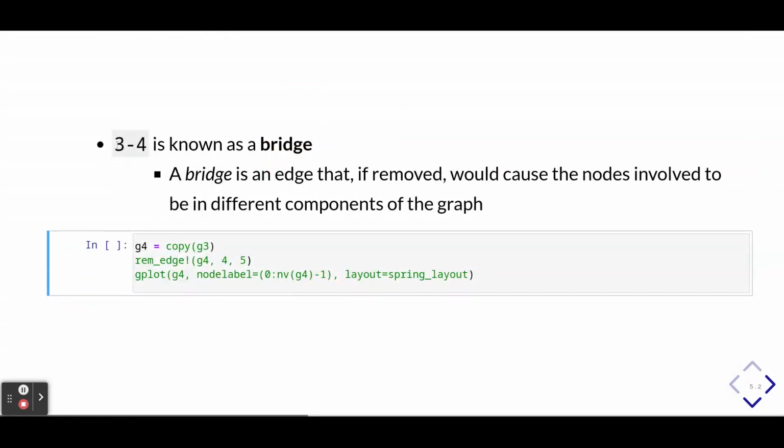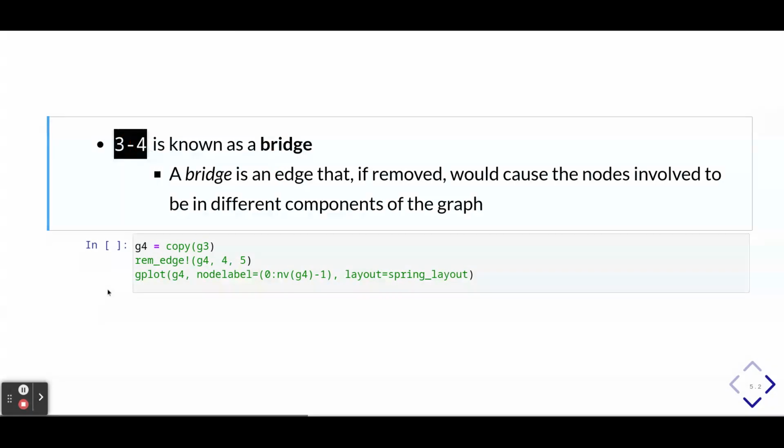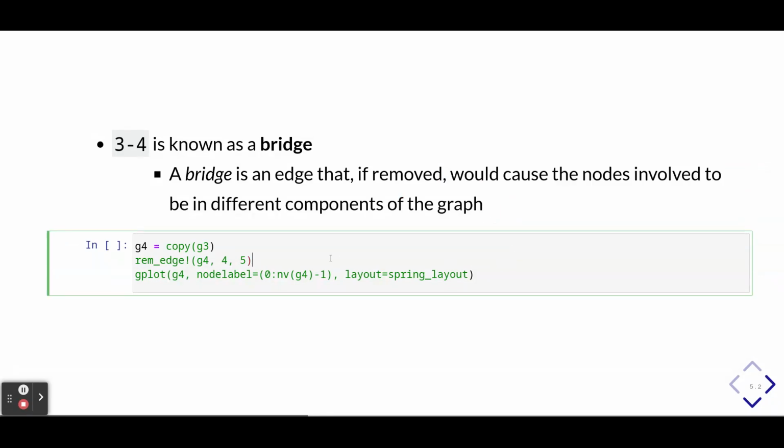So this special edge 3, 4 is, in graph theory terms, known as a bridge. And the more precise definition of a bridge is an edge that, if we remove it, would cause all the nodes involved to be in separate components of our graph. So let's take a look at what this would be visually. We're going to make a copy of our barbell graph here.